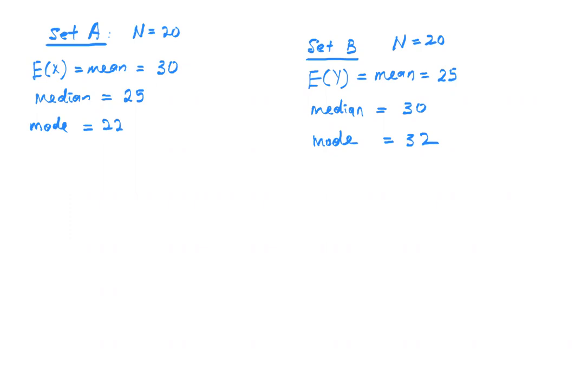And for set B, I know that 10 of the data is more than 30 and 10 of the data is less than 30. But the mean of set A is greater than the median. The mean of set B is less than the median.